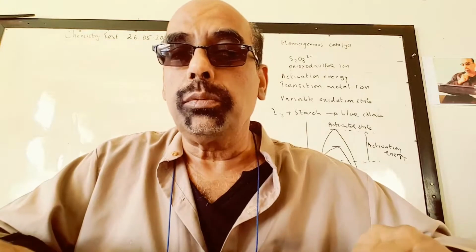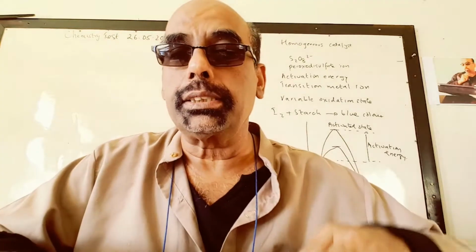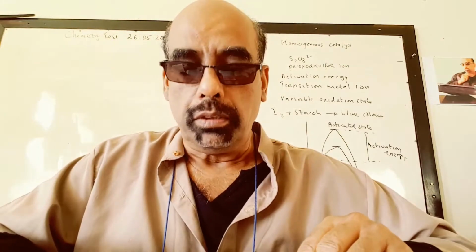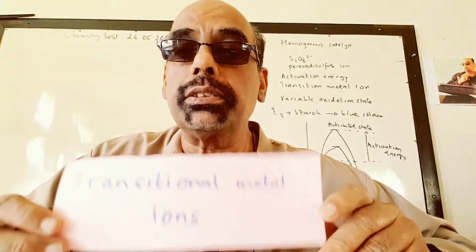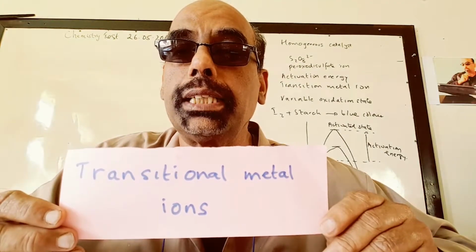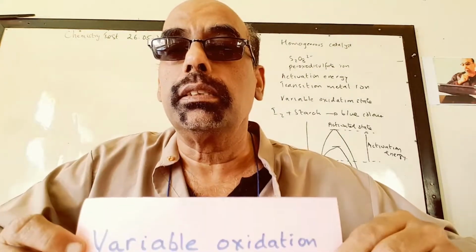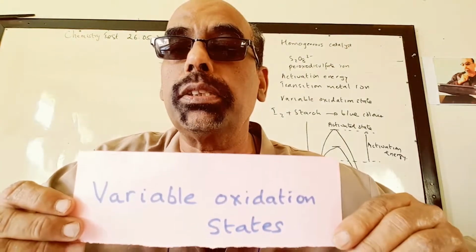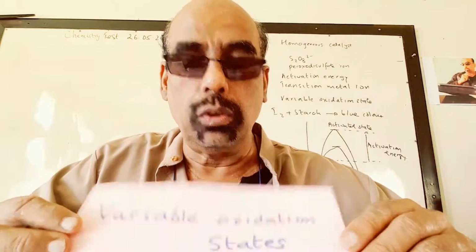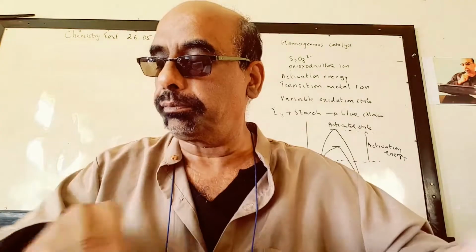For this reaction, we can use a catalyst. Transition metal ions are often used as catalysts. Why are transition metal ions used as catalysts? Because they have variable oxidation states.